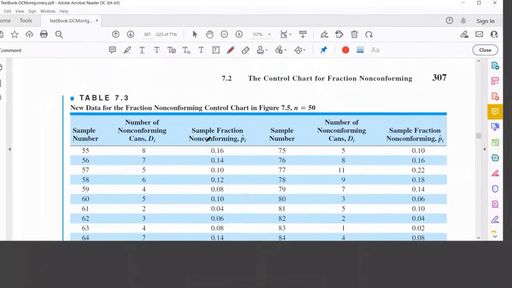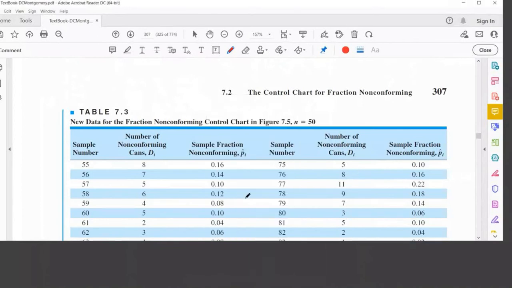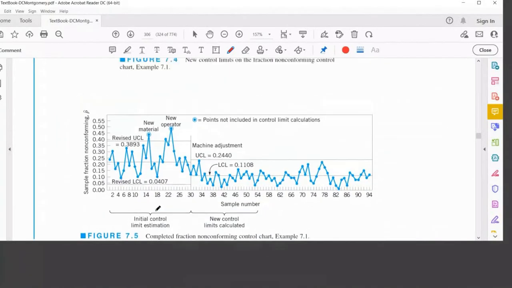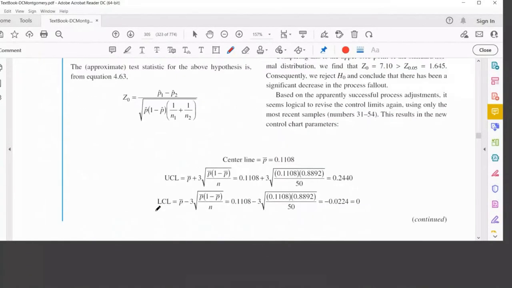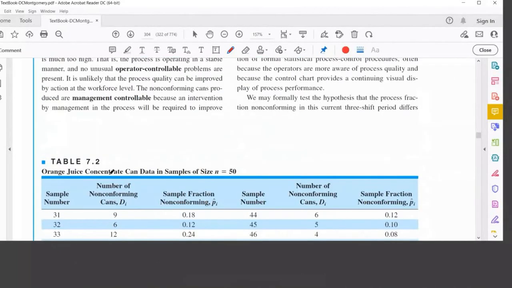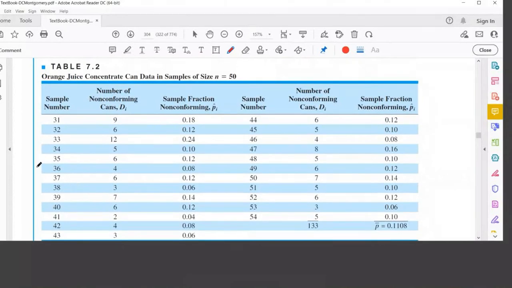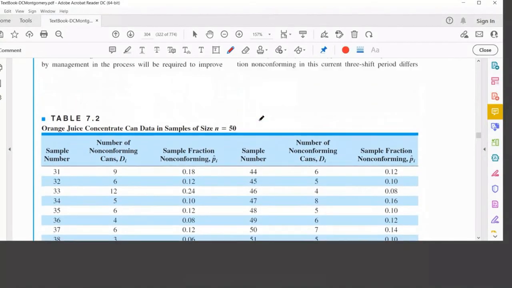This is the data that we are referring to, the orange juice data. Here we have p values, but in the np chart, what we do is, I just sketch here again.